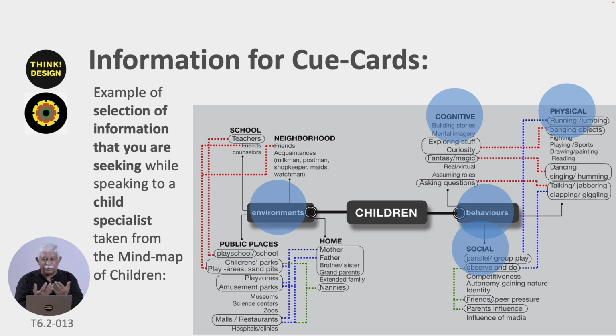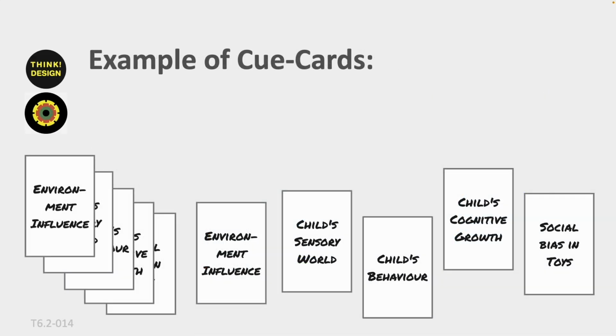So you put it in different cards. And when you go there, these become useful one after another, so that you remember these. For example, the environment is written there, child's sensory world, child's behavior, cognitive growth, and social bias in toys.